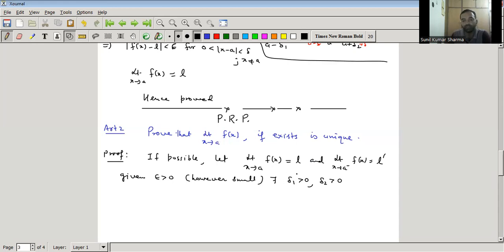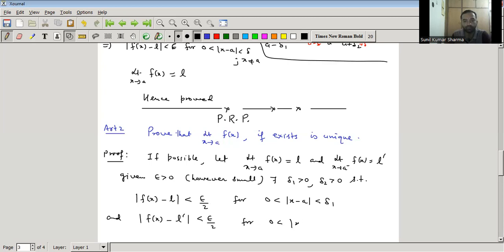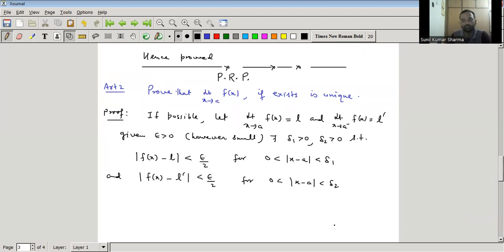So we take delta 1 and delta 2 as two positive real numbers, both depending upon epsilon, such that mod f(x) minus L is less than epsilon by 2 for mod x minus a greater than 0 and less than delta 1, and mod f(x) minus L dash is also less than epsilon by 2, but here for mod x minus a greater than 0 and less than delta 2.